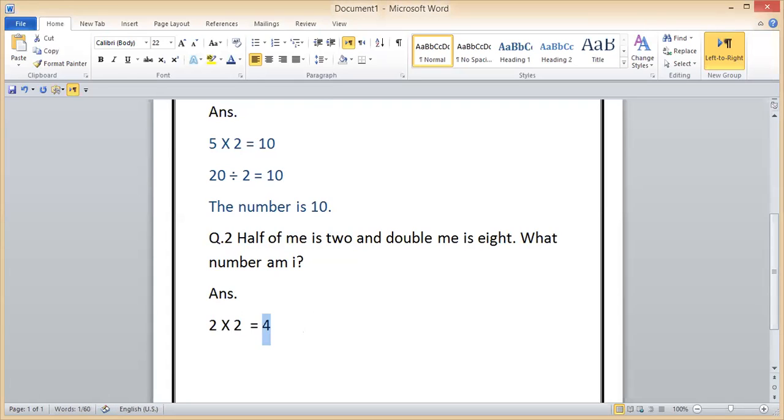That means the number is 4. Okay? Or you can do one more thing. The double of me is 8. Okay? So write 8, but find out its half. This is double. Find out the opposite of that. Find out the half of double.